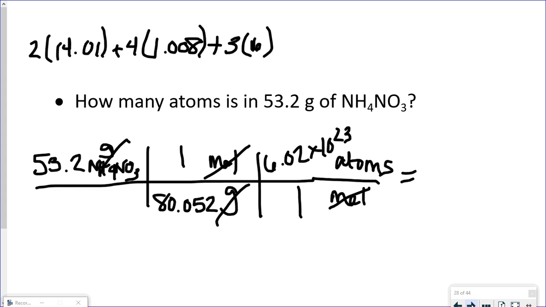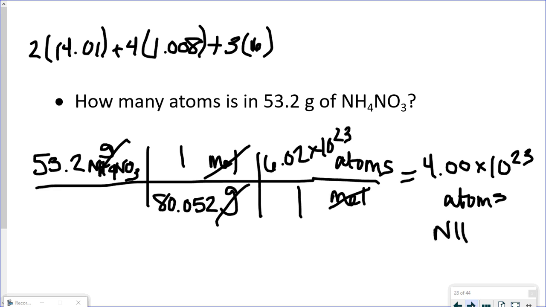Remember, with numbers in scientific notation, use your parentheses or EE button. And we get that to 3 sig figs, which is what is given, it's going to be 4.00 times 10 to the 23rd. And remember, your unit is atoms of ammonium nitrate.